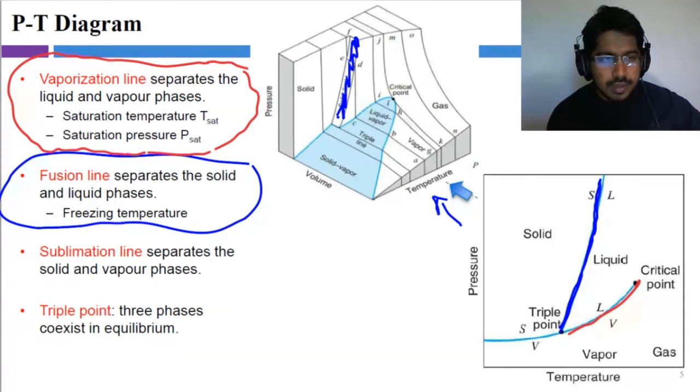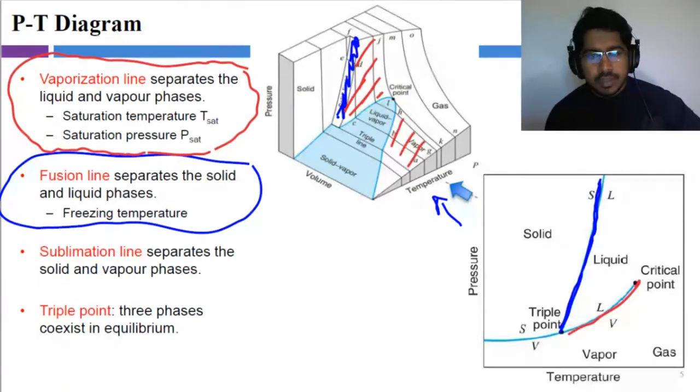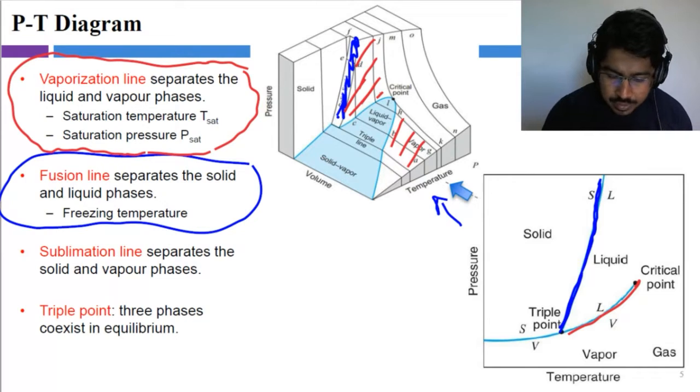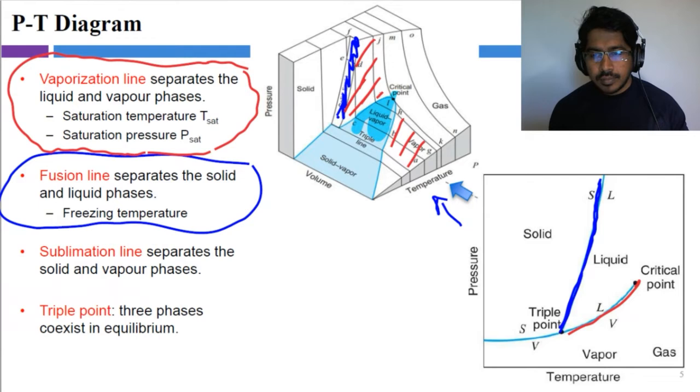Vaporization line, what's the definition? The line that's separating the liquid and vapor phases. So the liquid phase is this one and the vapor phase is this one, right? You can see that liquid and vapor line represents this two-phase region, right?